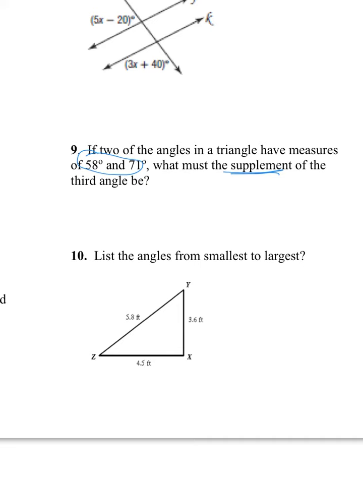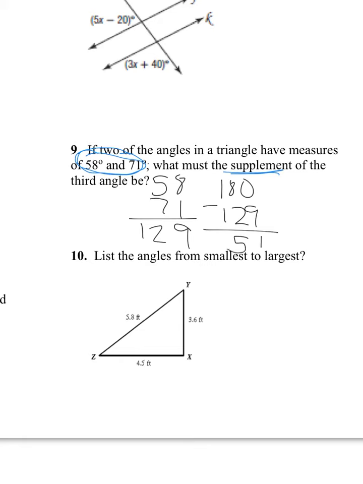So this third number has to make 180, and we already know how to make it equal 180 because it's those two. If you're confused about what I'm saying, let's look at this, okay? Add 58 and 71, okay? You get 129, and then normally to find that third angle, we would do 180 minus 129, and that's going to give you 51.